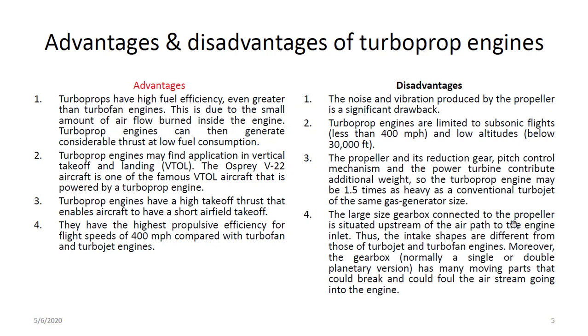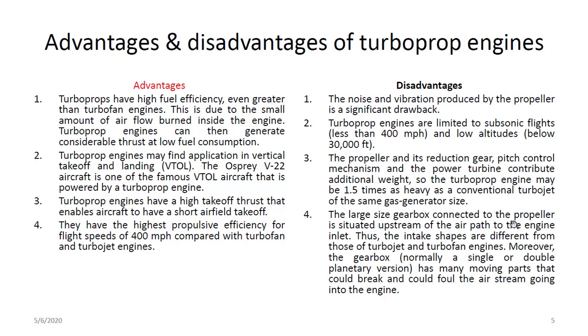Now let's look at the advantages and disadvantages of a turboprop engine. The first advantage is that these engines have a higher fuel efficiency. Among the engine configurations, turbojet, turbofan, turboshaft, turboprop and piston engine, the turboshaft or turboprop engines are fuel economic.